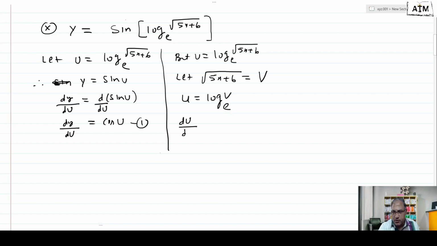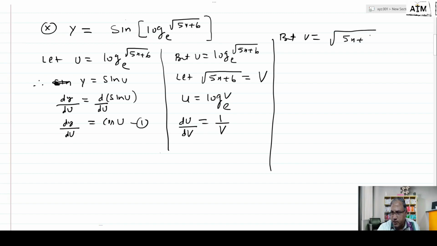Now differentiating with respect to v, du by dv equals 1 upon v. But v equals root of (5x plus 6). Let 5x plus 6 equal w, so v equals root w.